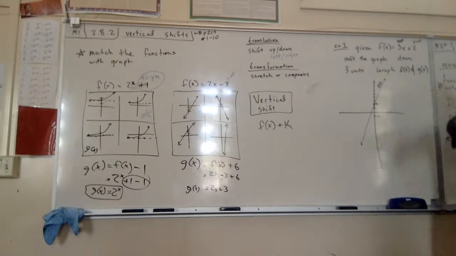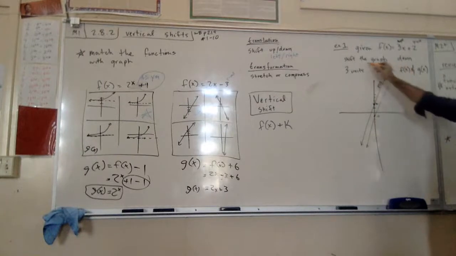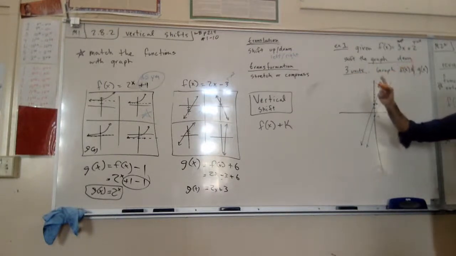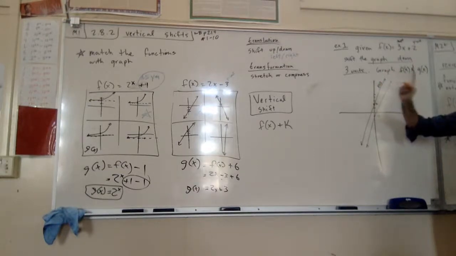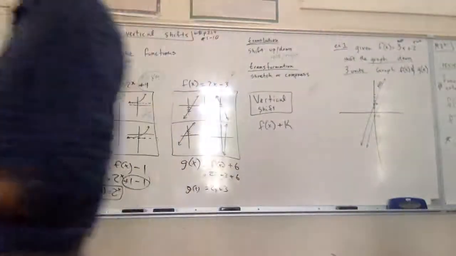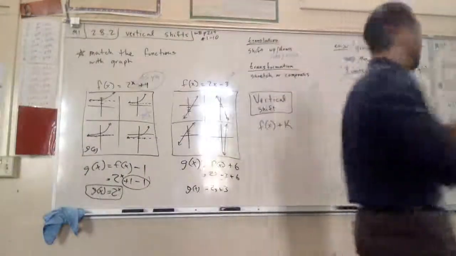Just a clarifying question. Great. Why did it move down 3? Because that's what the question suggested that you do. What the question said was true.